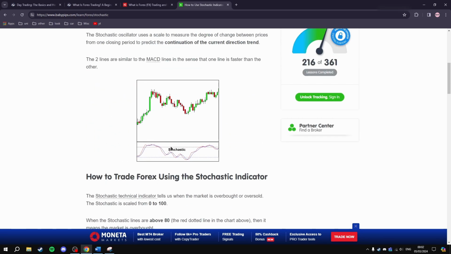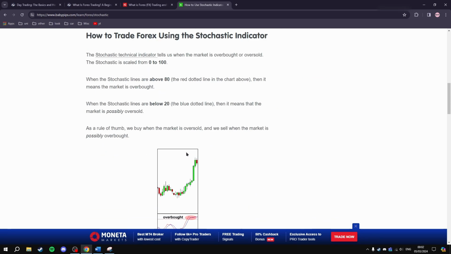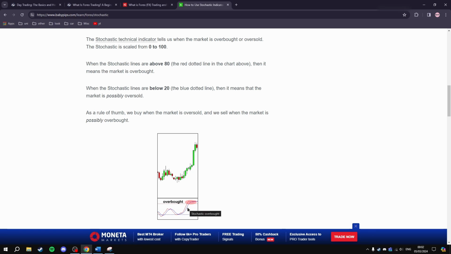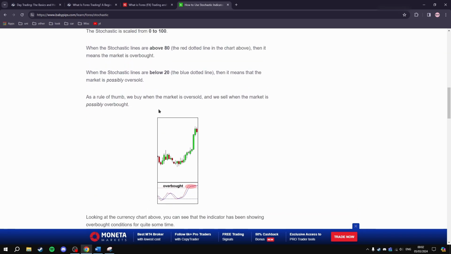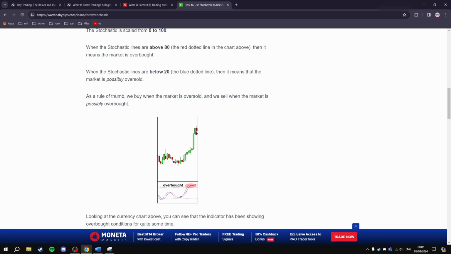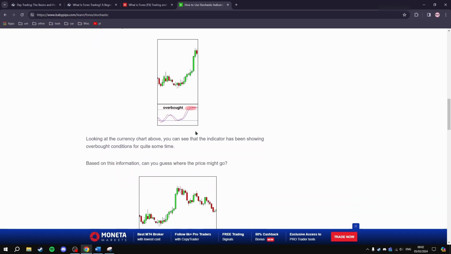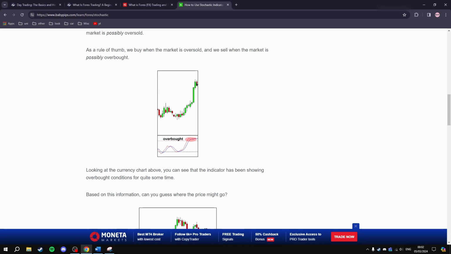Here's the 80 and here's the 20 line. So the stochastic lines are overbought above 80. Both of them are above 80, so it's overbought. And because it's overbought, we need to sell, so we start selling here.